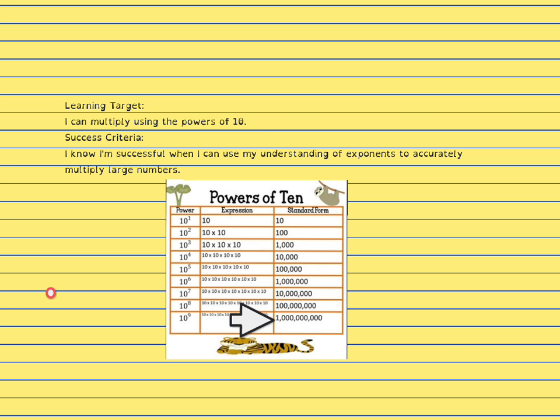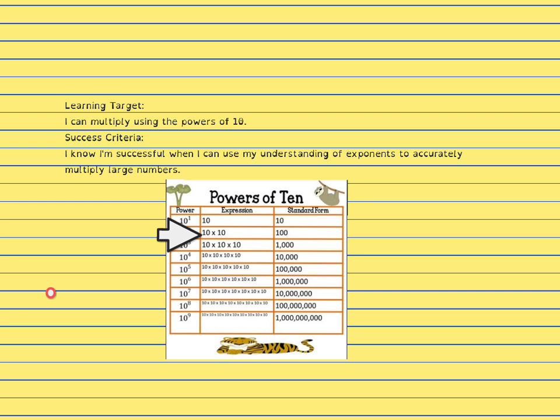As we know in math, we can write our numbers as expressions. For example, if I have the number 100, I know that I can write 100 as 10 times 10.